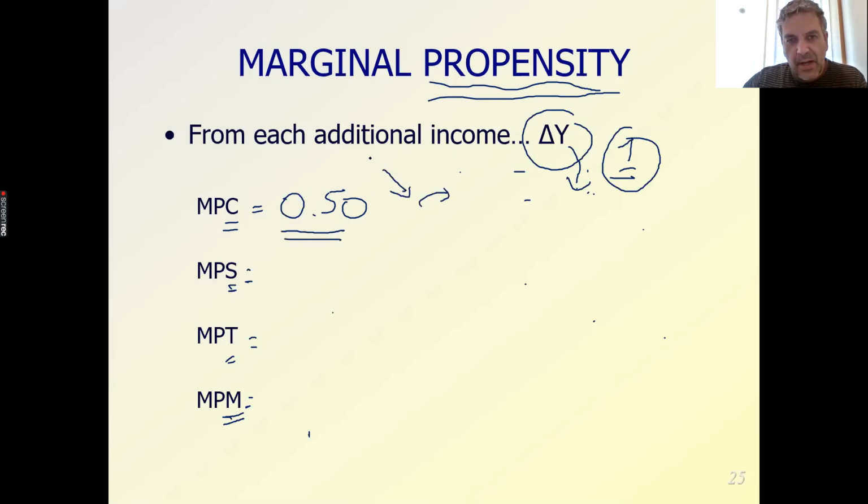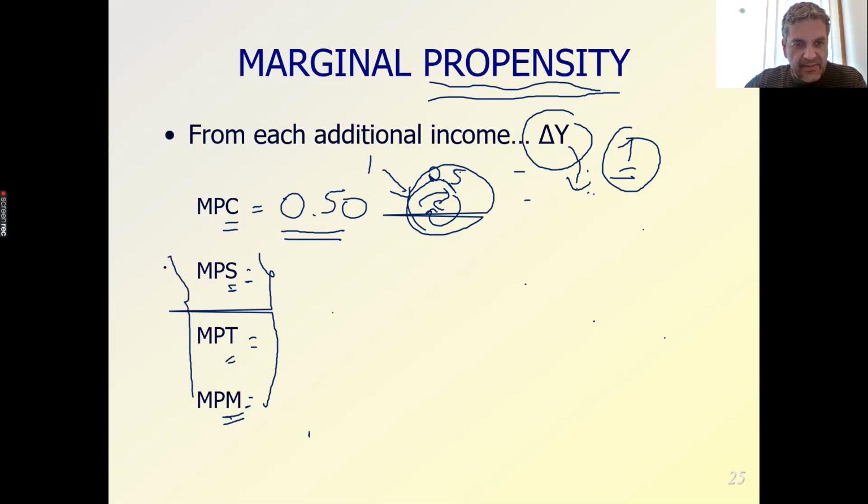The injection was 1, but now you're using 0.5 for consumption inside the circular flow, okay? Now, all of these three are leakages, remember? We're saying savings, taxes, and imports are leakages. So there's a marginal propensity of leakage or marginal propensity to leak or to withdraw. We call this also withdrawals.